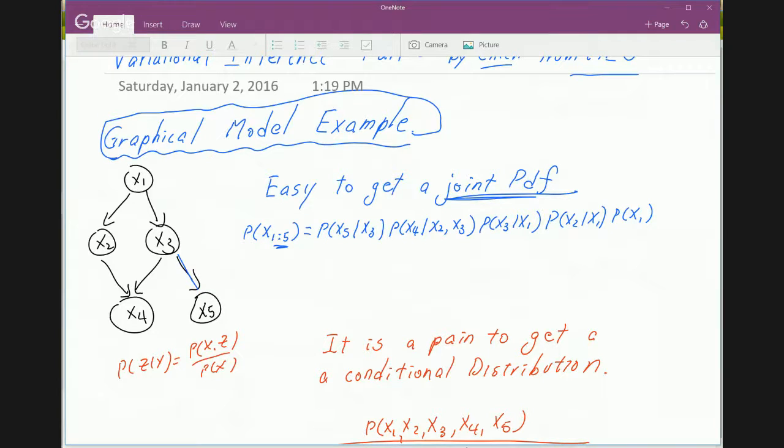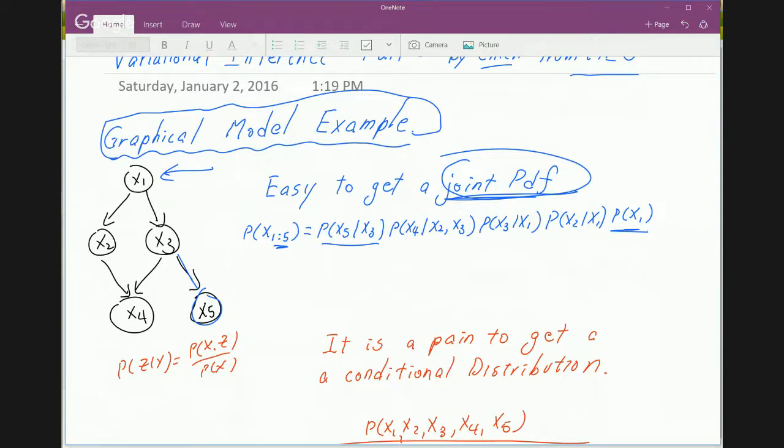So it will be probability of 5 given 3, and then 4 given 2 and 3, and then 3 given 1, and then 2 given 1. And lastly, we just have probability of x1 right here. So if we can put a problem into a graphical model, it is quite easy to get a joint PDF.